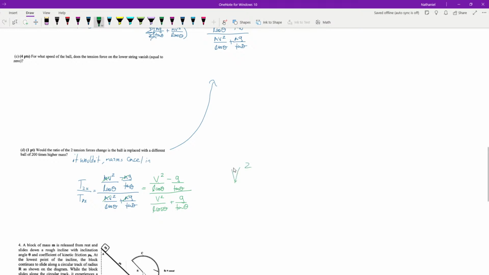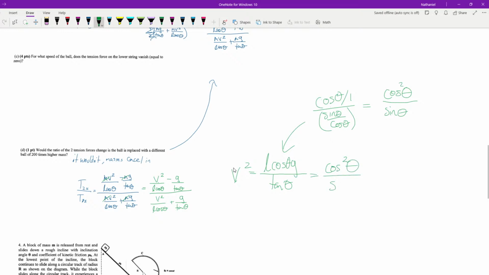So when v squared is equal to L cosine of theta times g over the tan of theta. Well, cosine of theta over the tan of theta is really this. So then that's cos of theta over sine of theta, and then there's another cos of theta, so it's cos squared theta over sine theta.